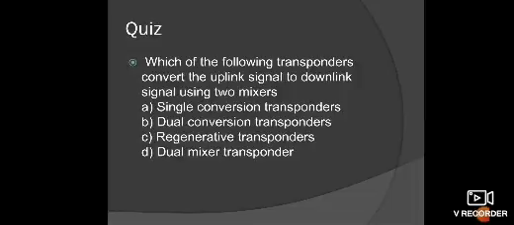The first option is single conversion transponder, the second option is dual conversion transponder, the third option is regenerative transponder, and the fourth option is dual mixture transponder. Okay, it is very important about our quiz. Why? Because they are going to be used from the ESET point of view. So please note this question.